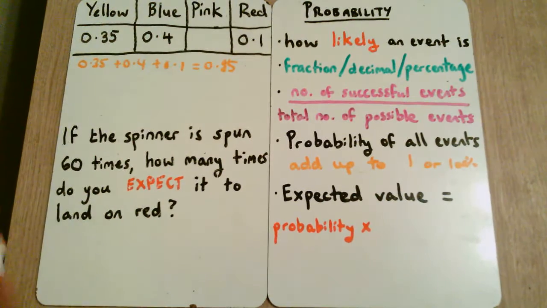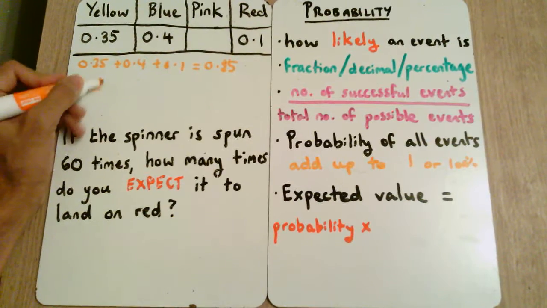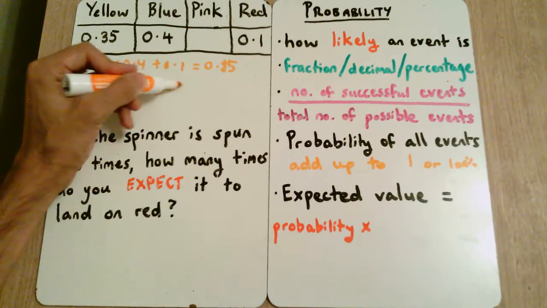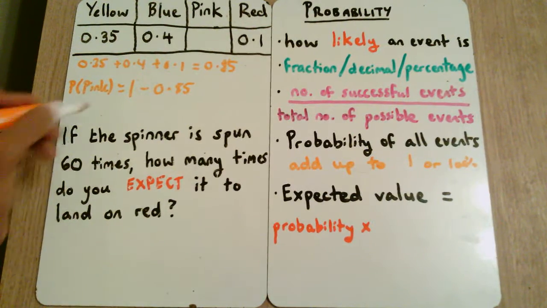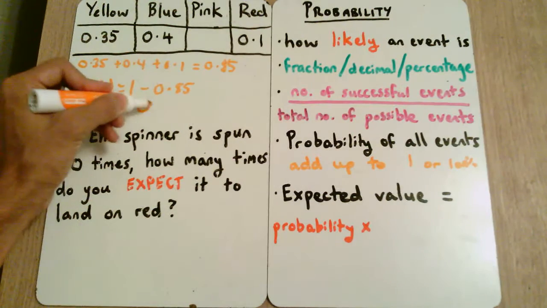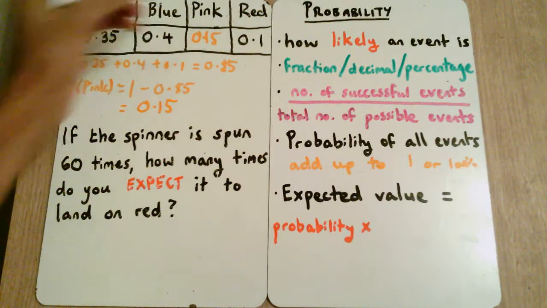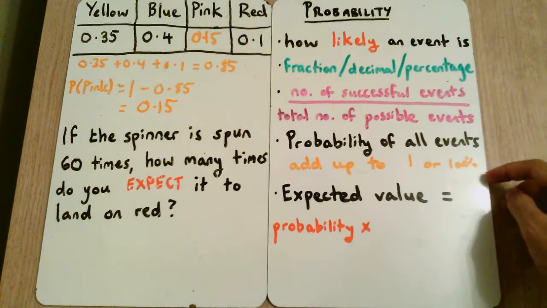That means the probability of pink is equal to 1 minus 0.85, because that's what I've got left over at the end. And that gives us a value of 0.15.